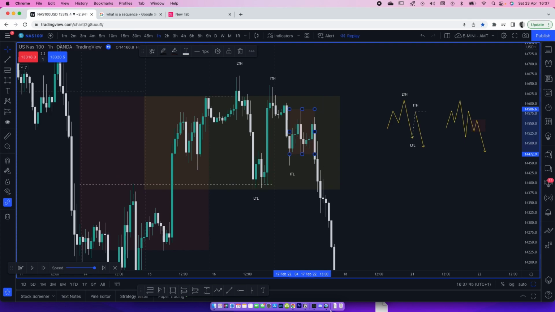It's still the same thing. Now, after the second displacement, so remember, displacement 1, displacement 2. In the ICT example, he is showing us the example of the second variation of this sequence.